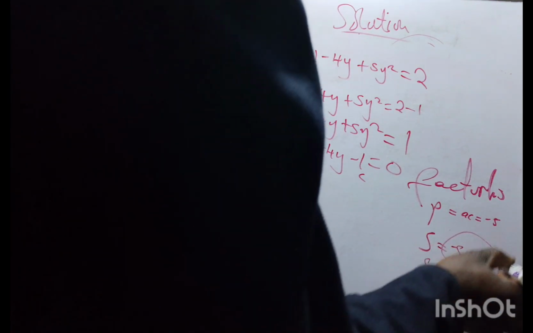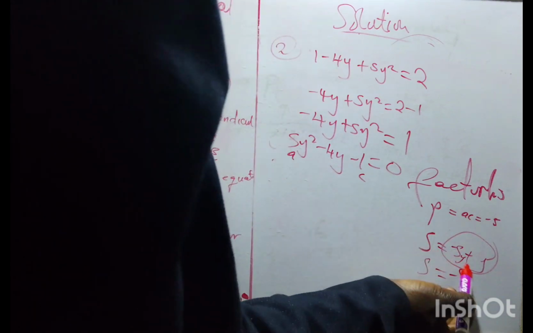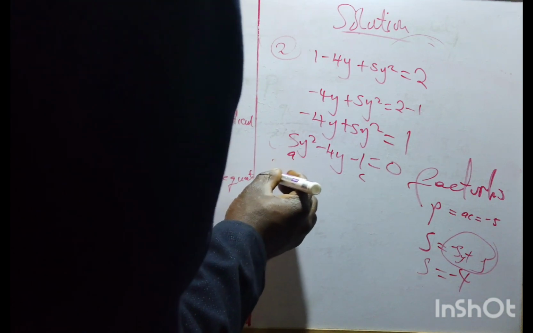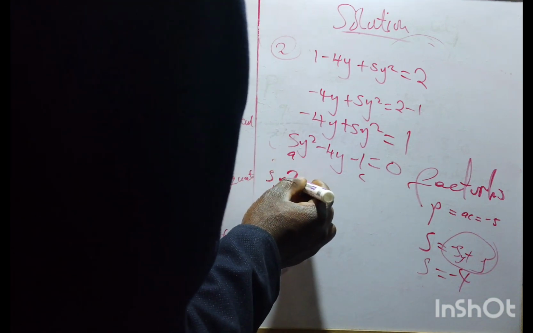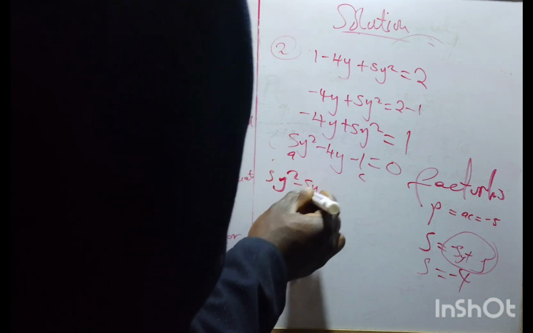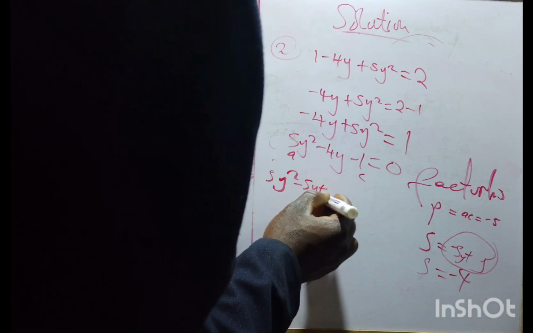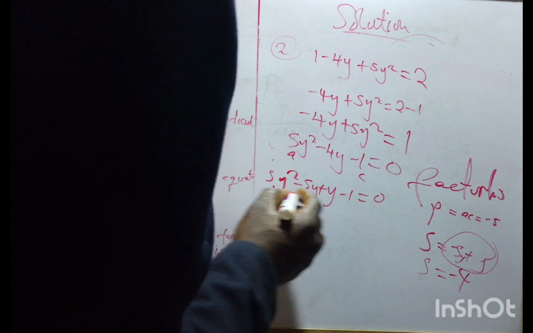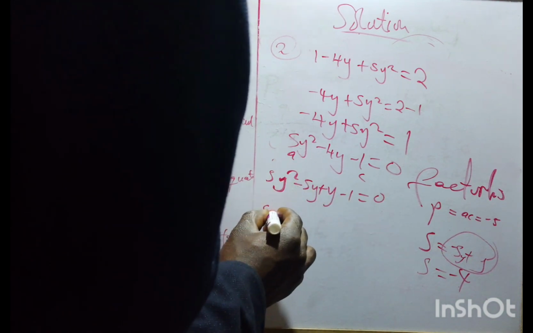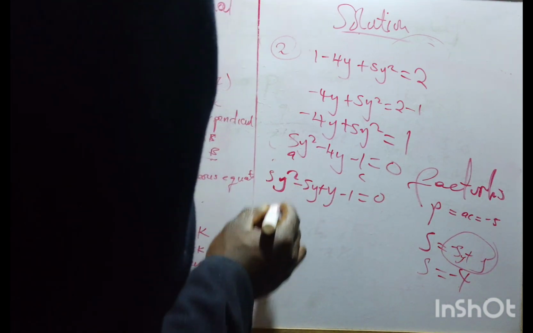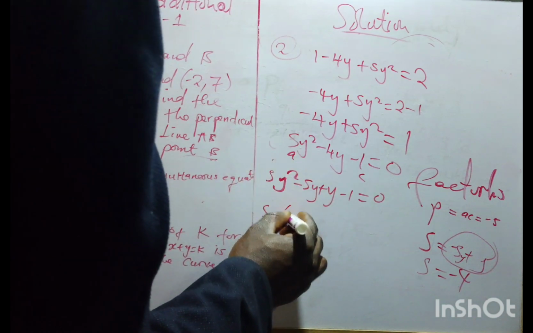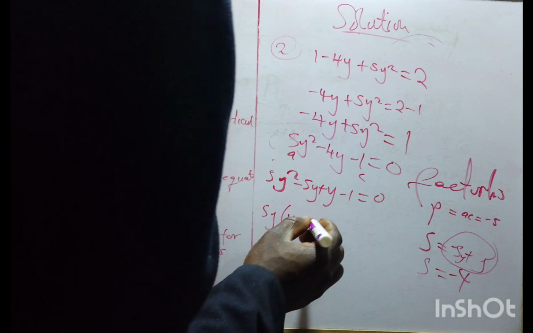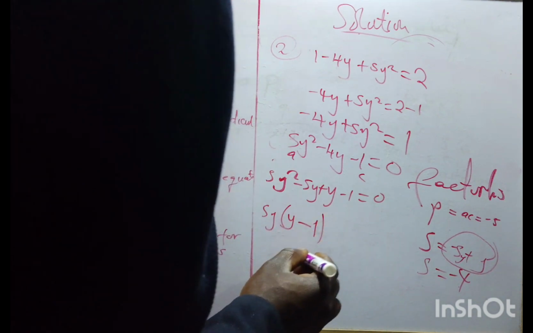So where this 4 is, we are going to substitute with minus 5y plus y, so 5y squared minus 5y plus y minus 1 equals 0. Then we factor out what is common here. It is 5y, then open bracket, 5y into 5y squared we remain with y, then minus 5y into 5y we remain with minus 1, then close bracket.